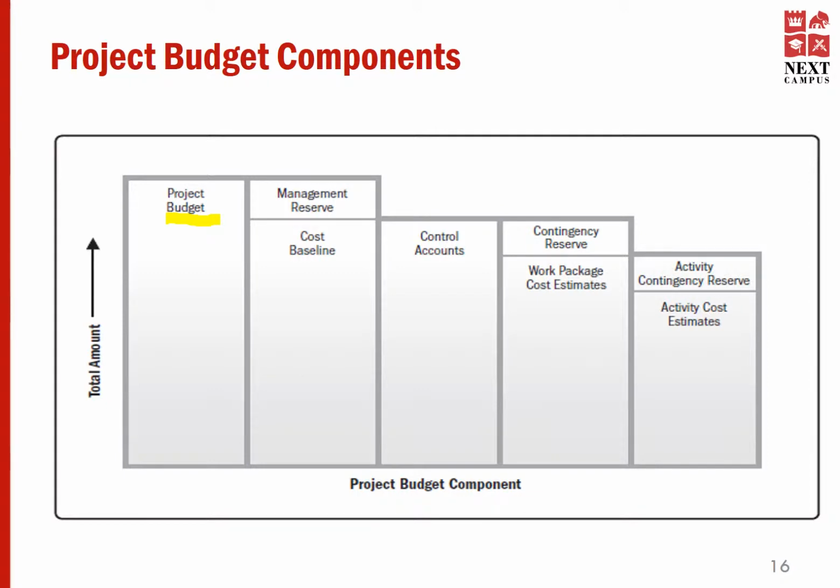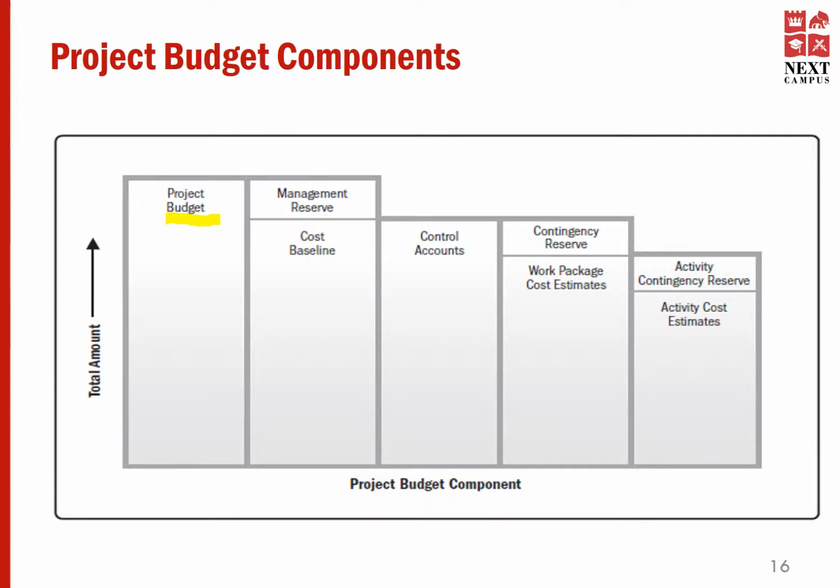In estimating work packages, the teams and the management keeps a buffer, that is contingency reserve. However, contingency reserve is a part of the control accounts. In case the teams run out of the money allocated for the work package cost estimates, the teams may use contingency reserve.